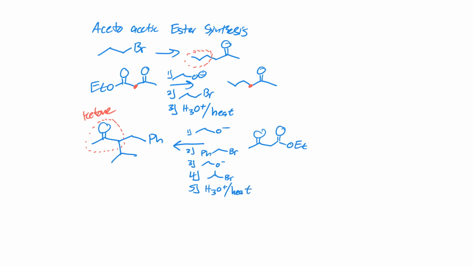Heat will drive off CO2. We will lose this portion of our starting material, leaving us with, I'll try to circle that in red again, these 3 carbons that are still present in our product. As you can see, I circled them over here. So we can now basically create a much more complex ketone under relatively mild conditions.